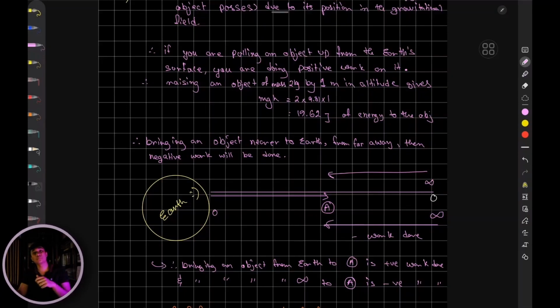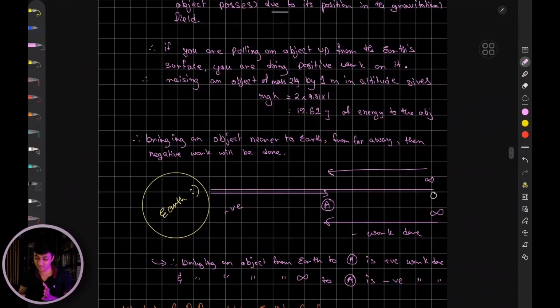The Earth is pulling the object near the surface. So you don't have to do anything. Therefore, the object will lose its energy from 0 to a negative value. So now, again, from near the surface, if you want to push it away, you will provide energy and increase it to 0. And from infinity, if it comes closer to the surface, it's losing its energy. So from 0, it goes to a highly negative value near the surface.